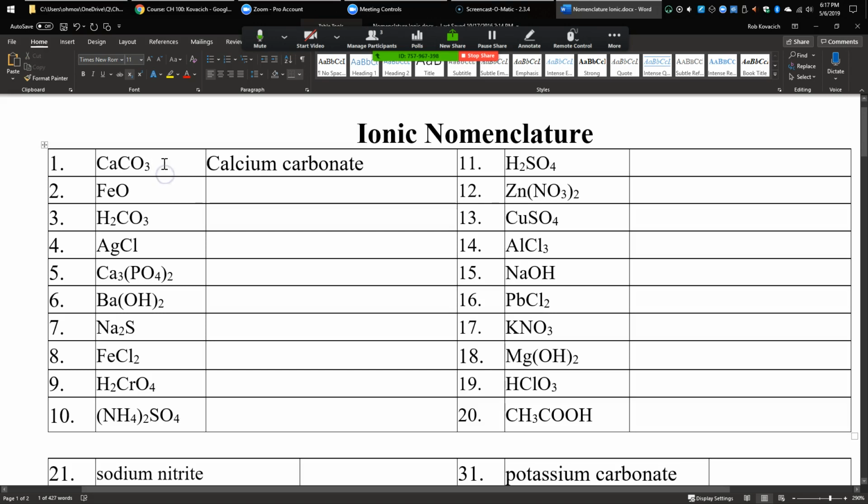So there's a little bit different situation between number 1 and number 2. When you look on the periodic table, you're going to find that elements that are in the first and second column have fixed oxidation states. So that means that their charges never change. So when calcium goes into a molecule, it always has a +2 charge.